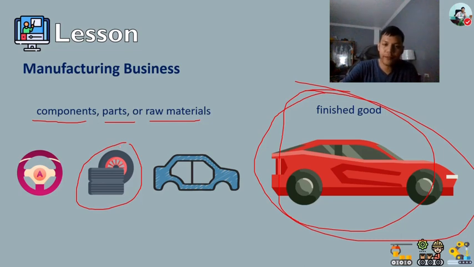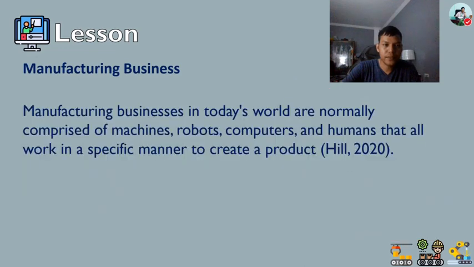It's different from a retailer or retailing business, which we are going to discuss in the following module or lesson. Manufacturing businesses in today's world are normally comprised of machines, robots, computers, and humans that all work in a specific manner to create a product, according to Hill 2020.